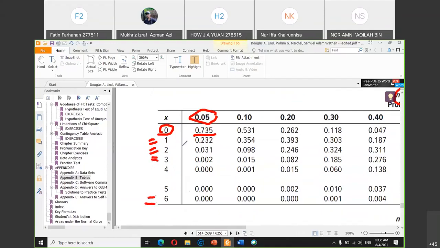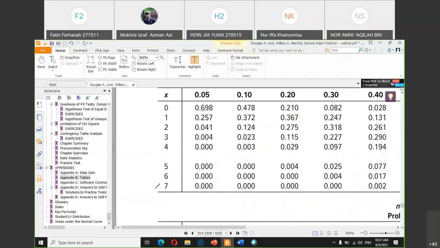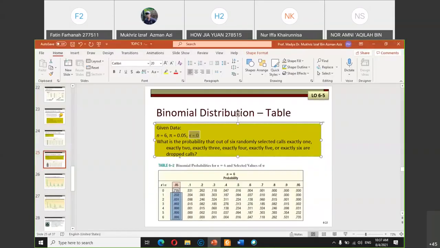Because you have 6 events, the maximum number of x will be 6. If your n is 7, the highest number will be 7. So it corresponds to the number of trials for your n.